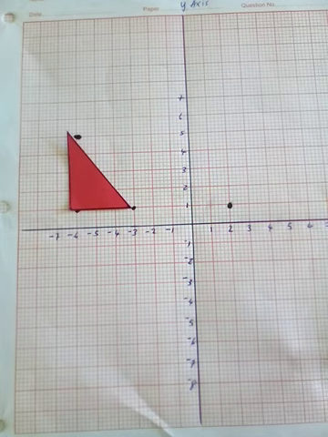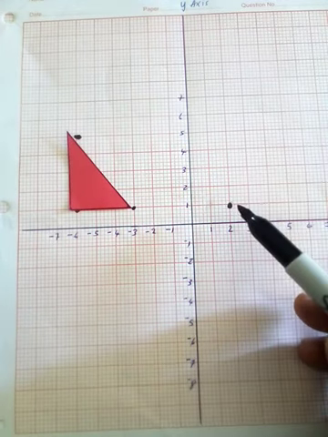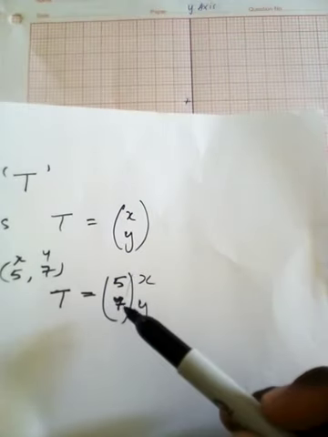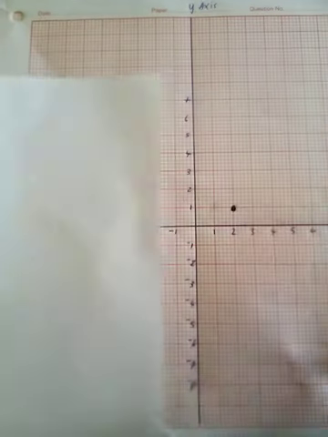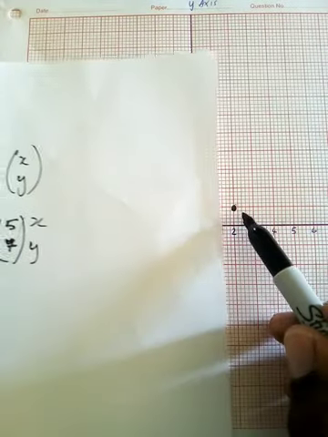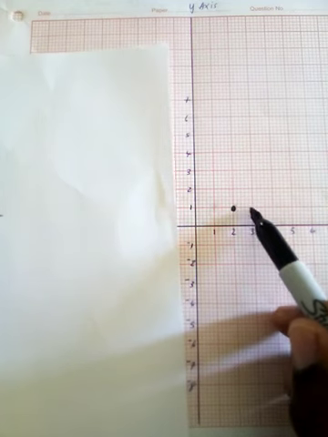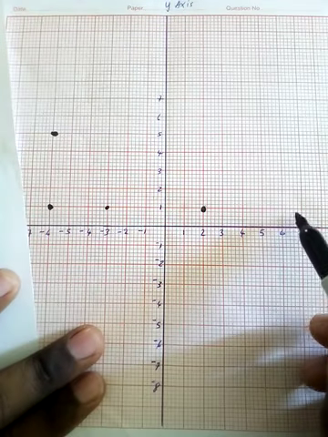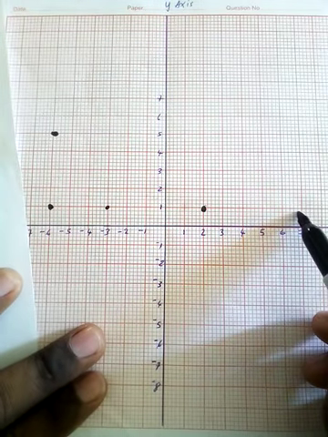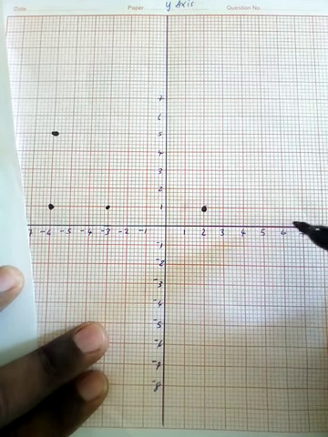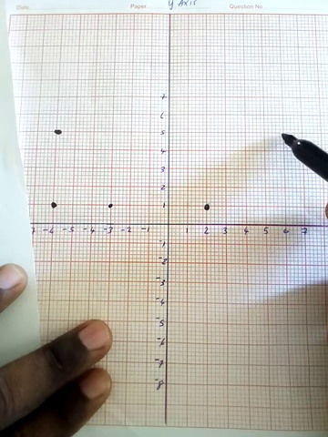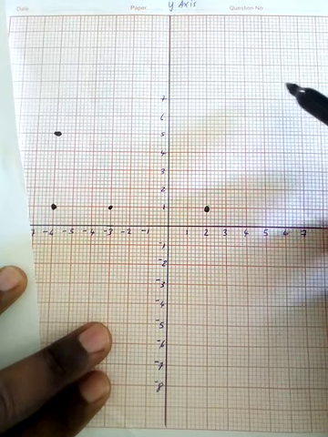So what am I saying? If I want to move this point 2, 1 using this vector translation 5, 7, this is saying that I'll move the point 5 units to the right, 1, 2, 3, 4, 5, and then 7 units up, 1, 2, 3, 4, 5, 6, 7.